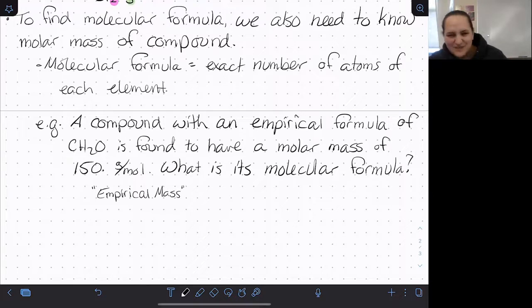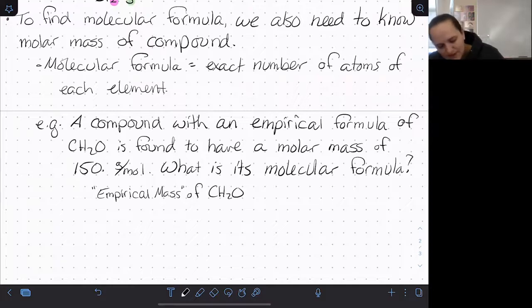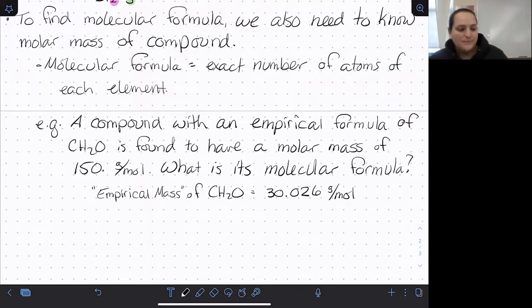Again, not really an official term, just the mass of the empirical formula. Our empirical formula being CH2O in this case, would be the mass of carbon plus 2 hydrogens plus oxygen, which gets us a total of 30.026 grams per mole.